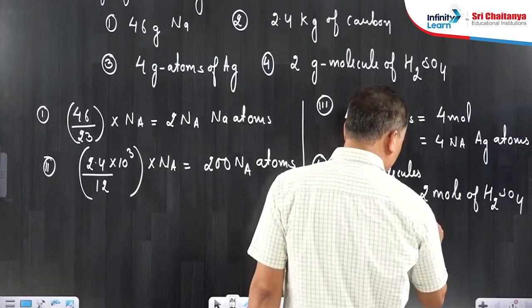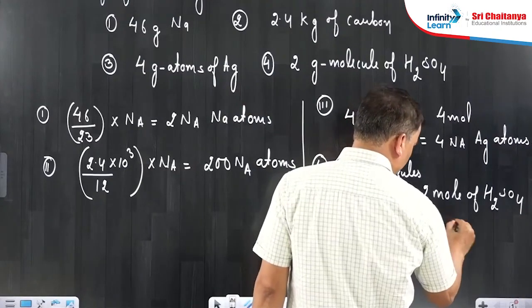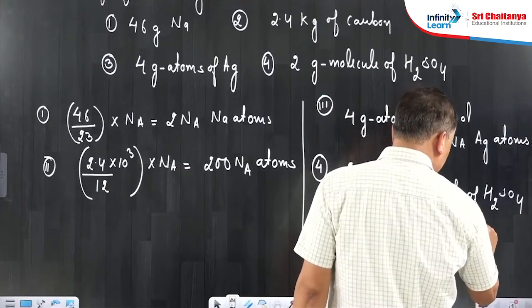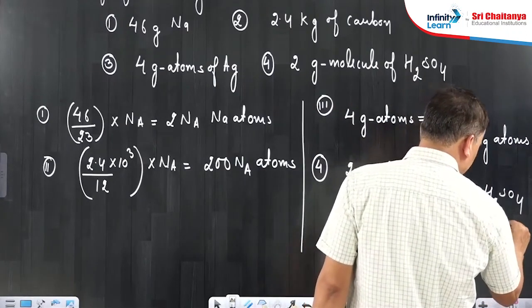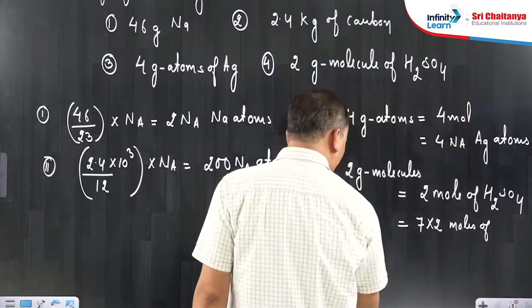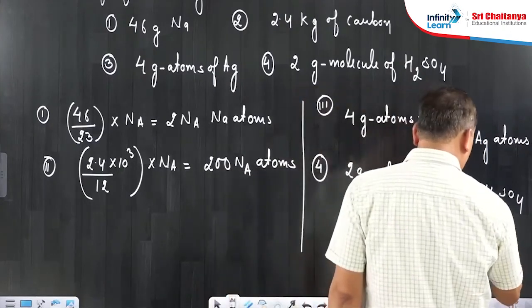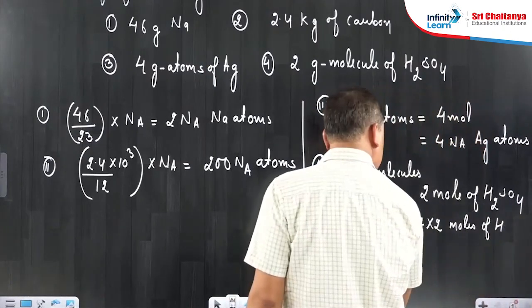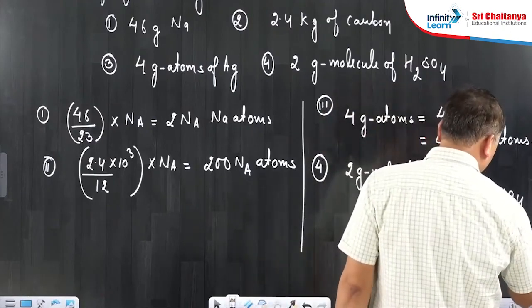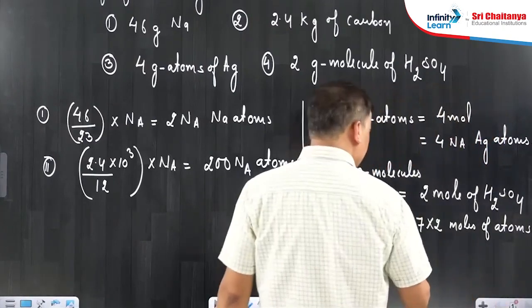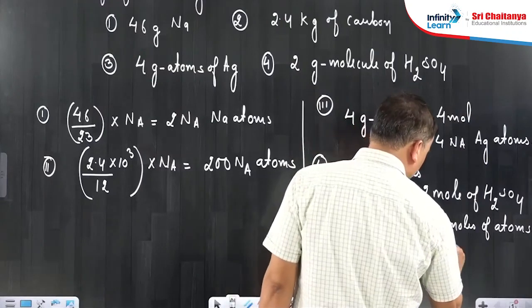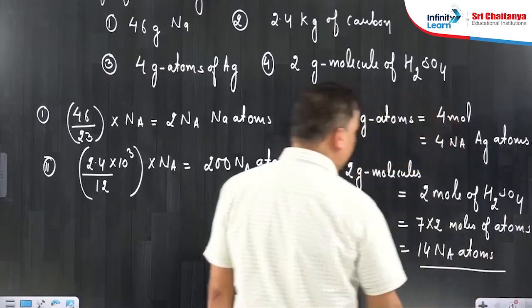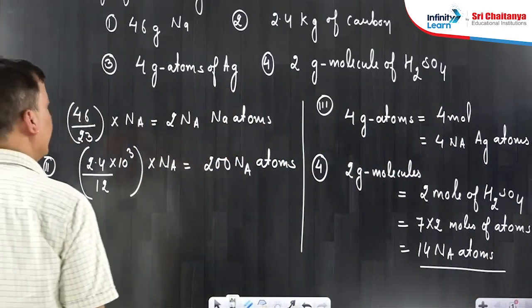So that is equal to 7 into 2 moles of sulfuric acid, or you can say mole atoms of sulfuric acid, that is equal to 14 Na atoms. Is it clear to you?